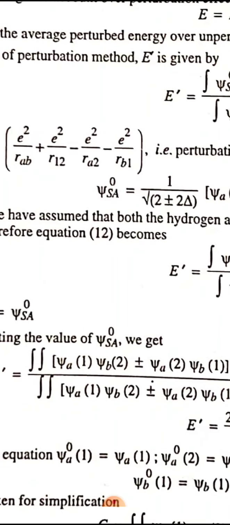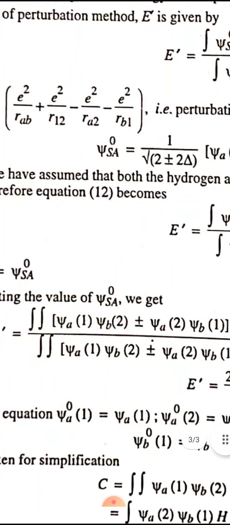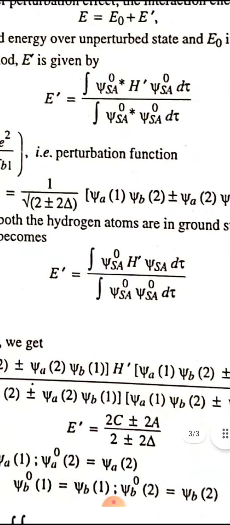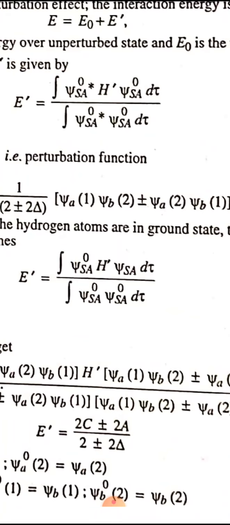Hence, we have assumed both hydrogen atoms are in the ground state. Therefore, both wave functions are real, and the above equation for E dash becomes the integral of psi SA H dash psi SA d tau divided by the denominator part. You might have noticed that the complex conjugate sign, that is the star, has been removed, as the wave functions are real.